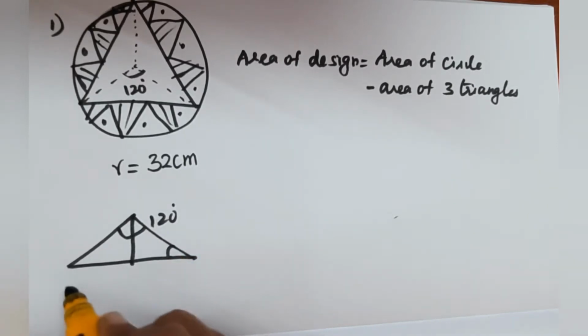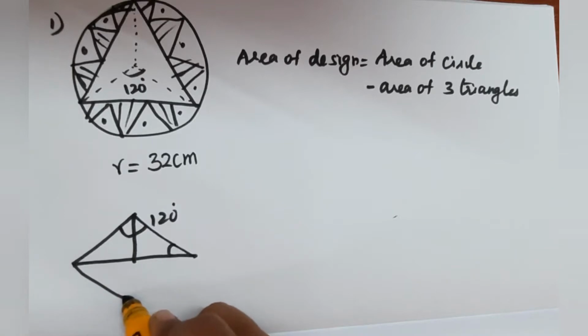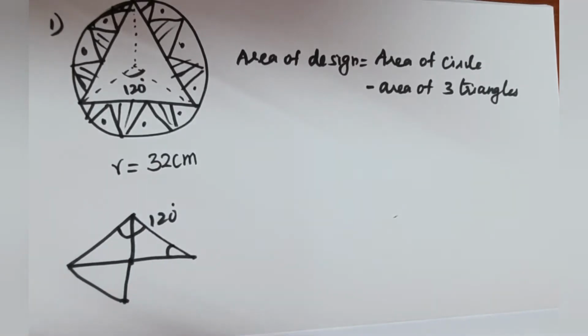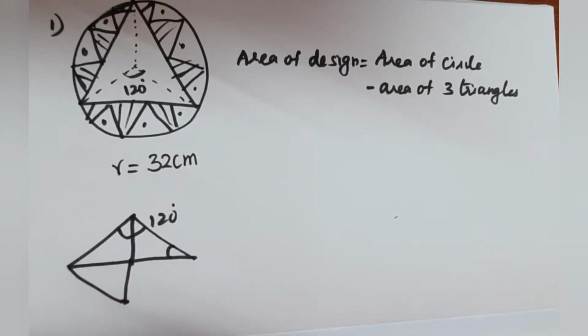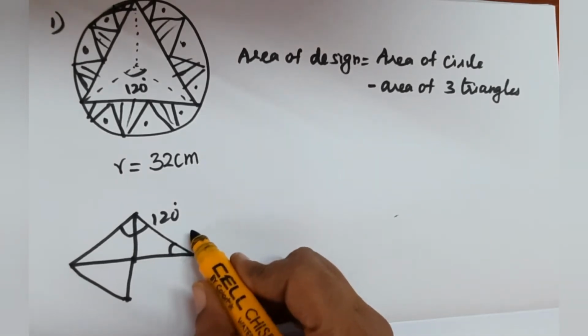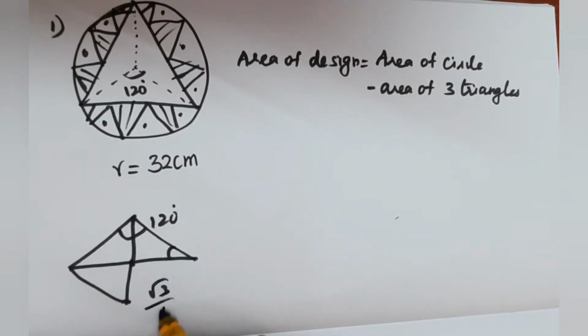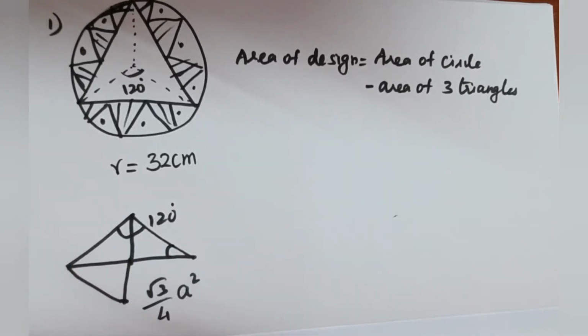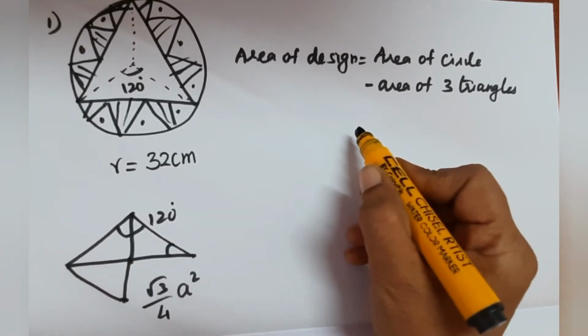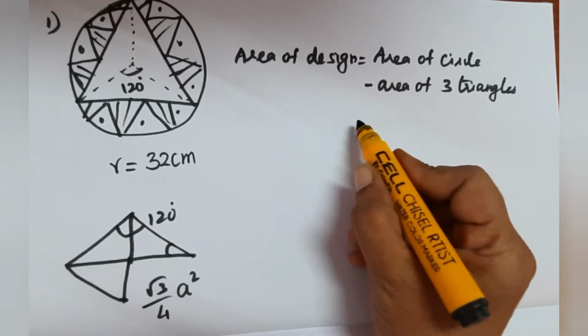If we take this triangle and flip and join over here, we will get an equilateral triangle, I proved in the last video. If it is an equilateral triangle, we know how to find the area. That is nothing but root 3 by 4 into a square, where a is the radius over here. Using that concept, we can find the area here.